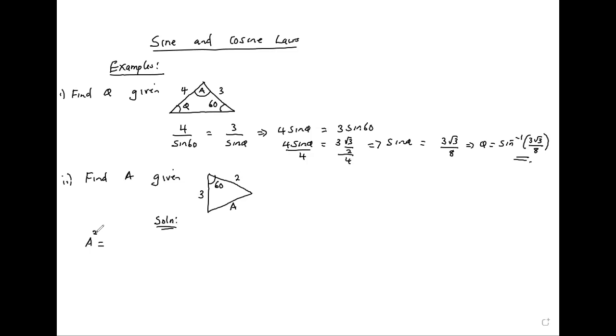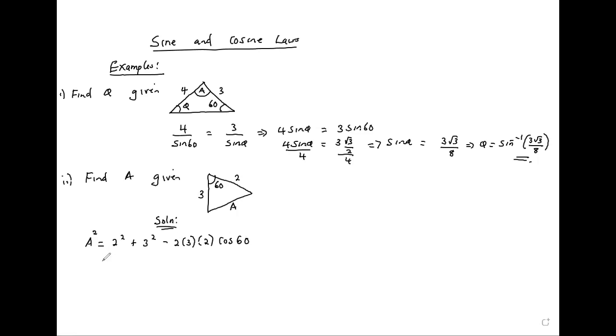A squared is equal to 2 squared plus 3 squared minus 2 times 2 times 3 cos 60, where 60 is the inner angle.